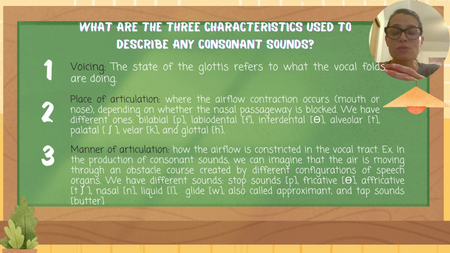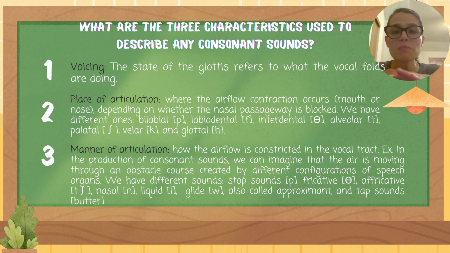We have different sounds, as for example, the stop sound as p, the fricative as f, the affricate as ch, right? And then the nasal as n, liquid as l, and glide as w. And liquid and glide are also called approximants. And the tap sound, as for example, butter. We only have one tap sound here in native English pronunciation.